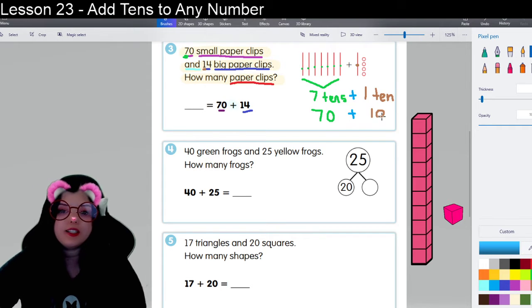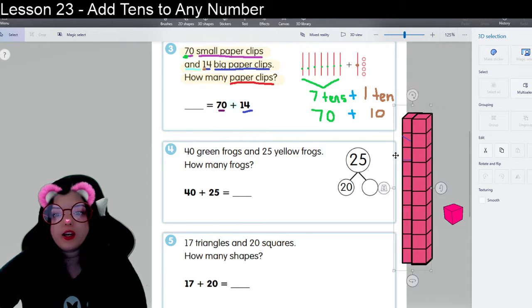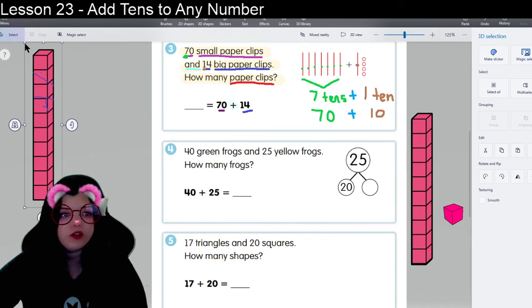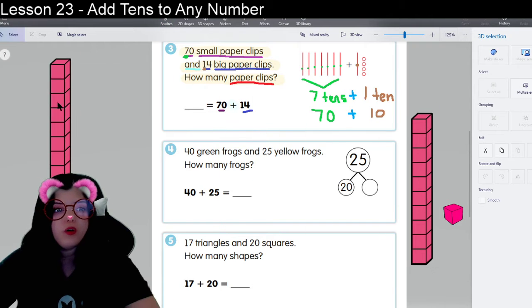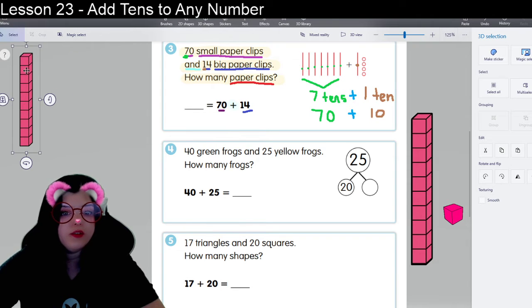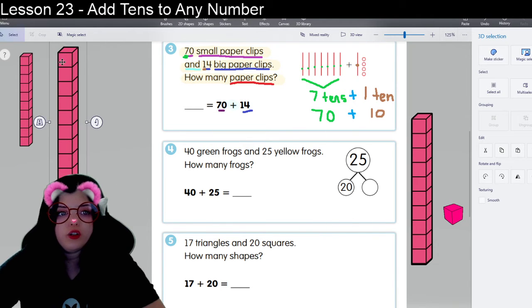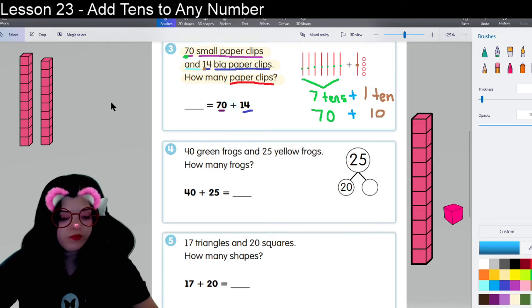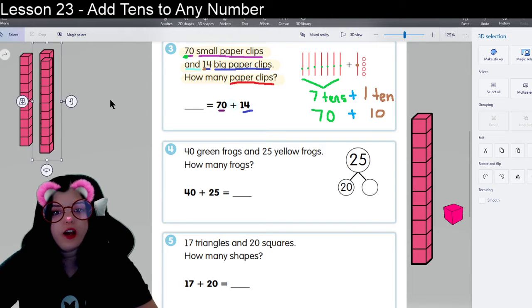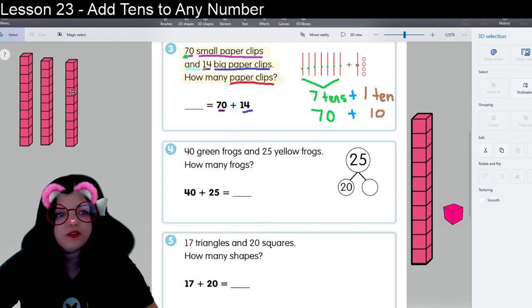So we need to add our tens together first. What is 70 plus 10? What is 7 plus 1? Let's look at our cubes. 1, 2, 3, 4, 5, 6, 7.